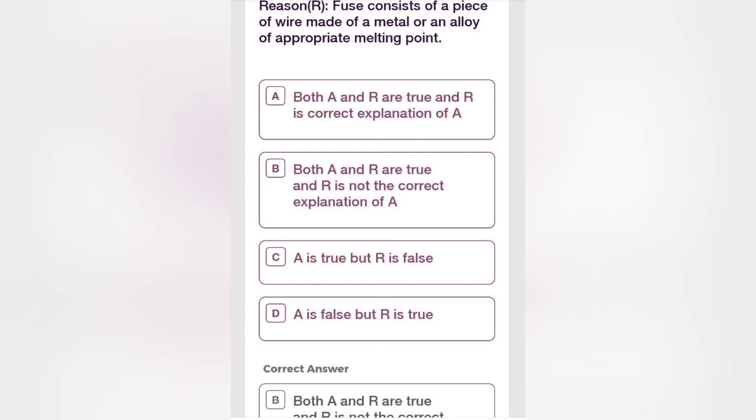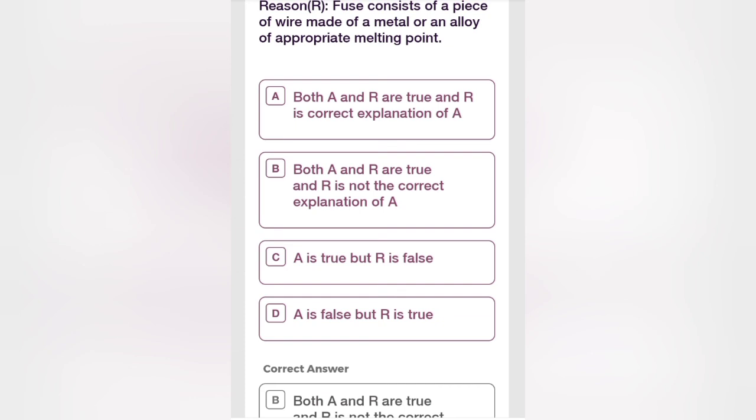Here the fuse consists of a piece of wire made up of metal or an alloy of appropriate melting point. It must have a low melting point, because it has to melt above the rated current.